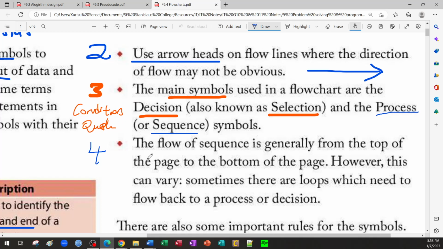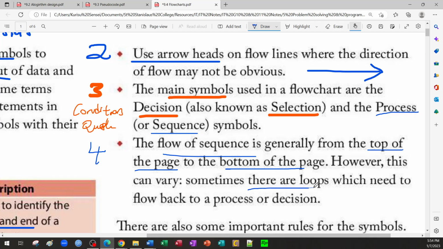And the last rule, the flow of sequence is generally top of the page to the bottom of the page. So basically, when you're drawing your flow chart, we go top to bottom. However, this can vary.